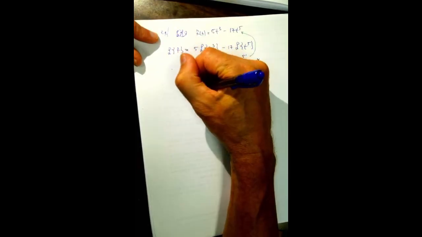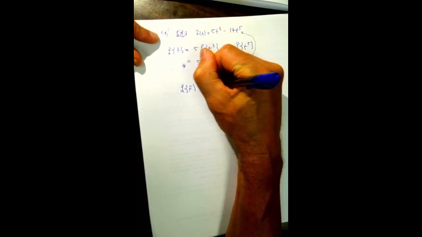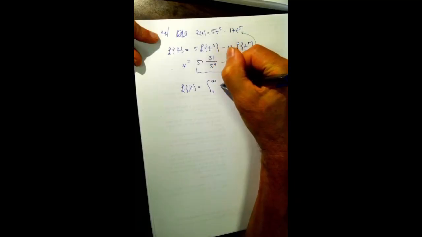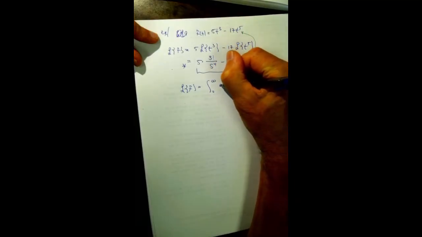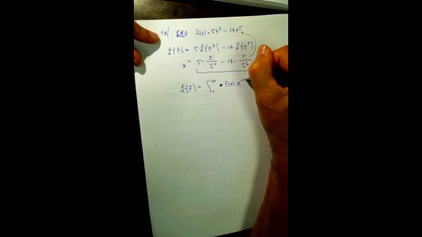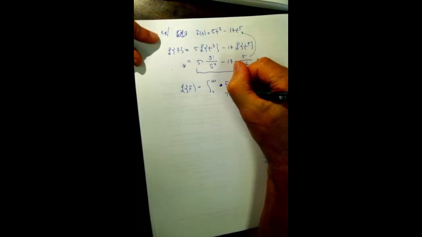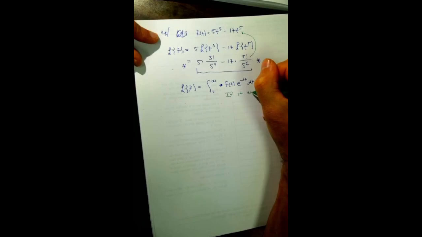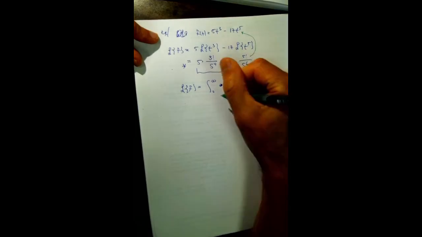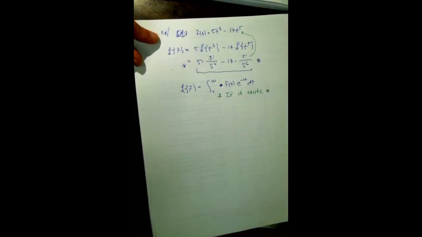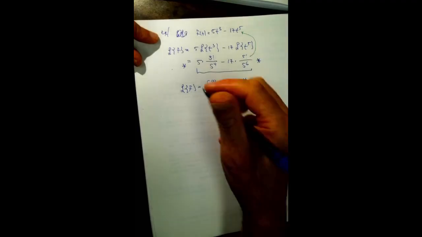Okay, so what do we have at this point? We have the Laplace transform of a function is defined to be the integral of the function times e to the minus st dt from 0 to infinity, with the caveat that it may not exist. If it exists, then that's what we're going to use.